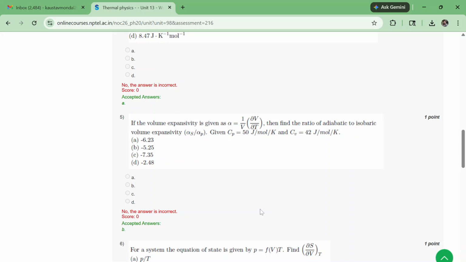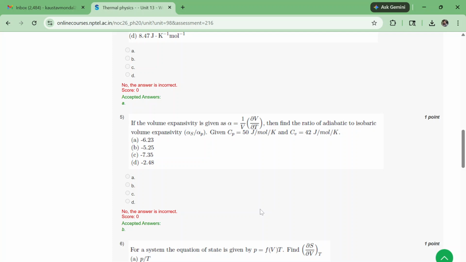You are using this formula, alpha S by alpha P equal to CV by CP. Is this the correct relation? Actually, I'm not sure. I asked AI and AI gave me this, so I'm not sure about the derivation.